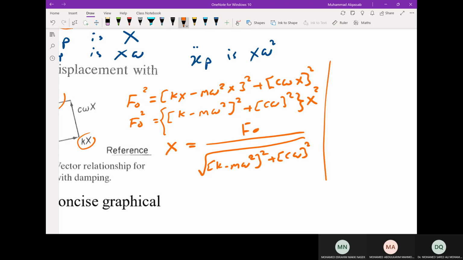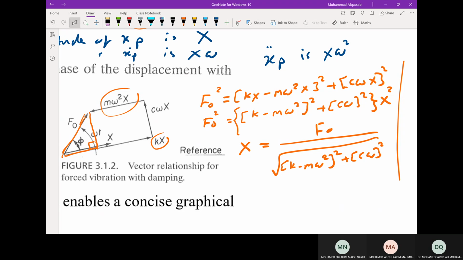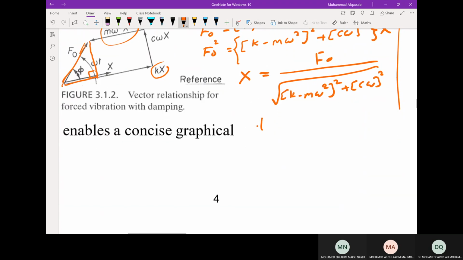To find the phase, you use the same right angle triangle, and tan of phi equals the opposite over the adjacent. So tan phi is the opposite, c omega x, divided by the adjacent, which is kx minus m omega square x, and x cancels out.